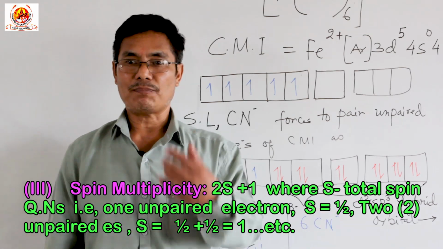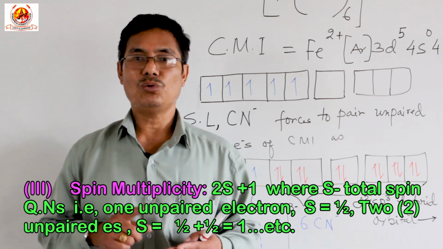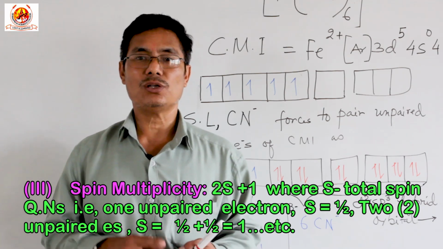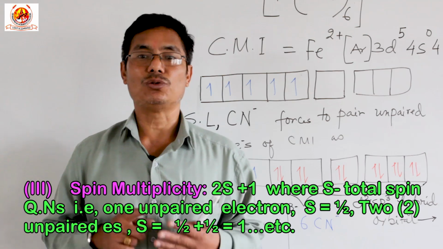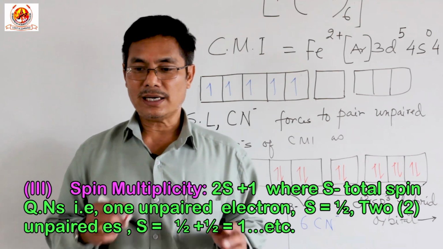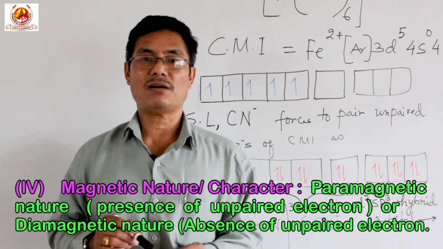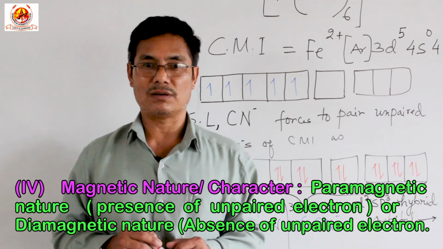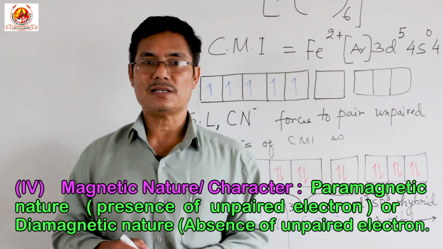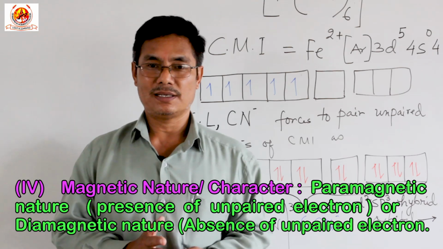So we can apply this number in the spin multiplicity 2S plus 1. That is, 2 into half plus 1, we will get 2. The value of the spin multiplicity is 2. Then come to the last property, that is the magnetic character or magnetic behavior of the compound. This character generally reflects diamagnetic or paramagnetic.